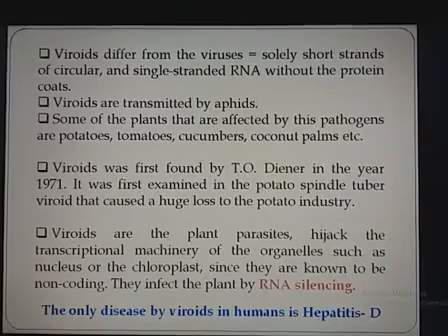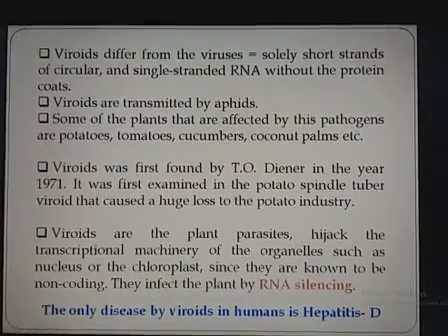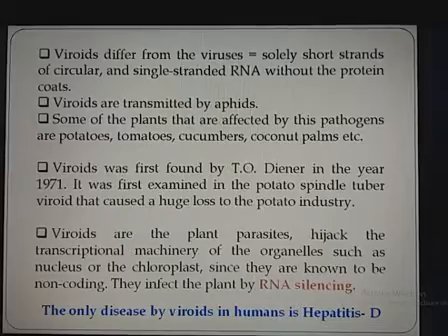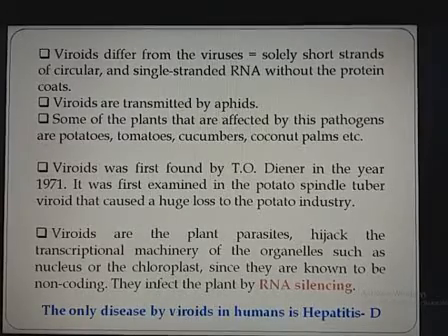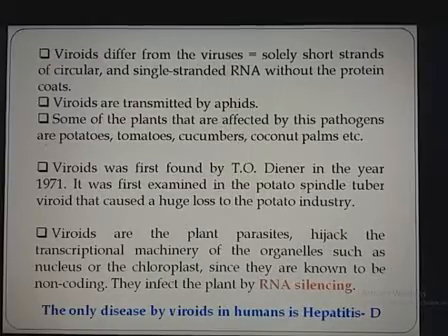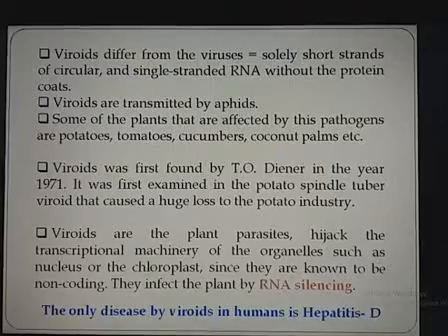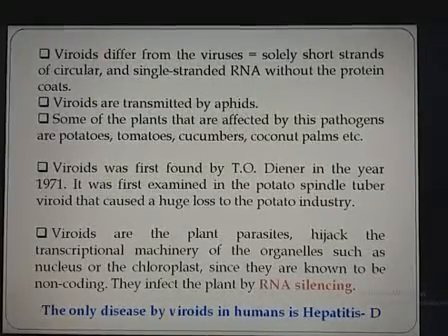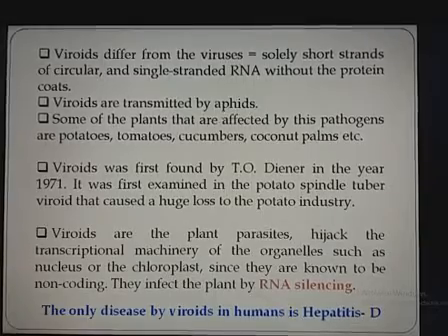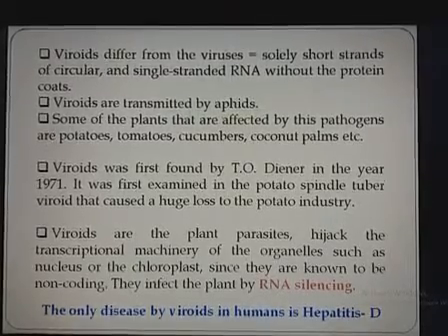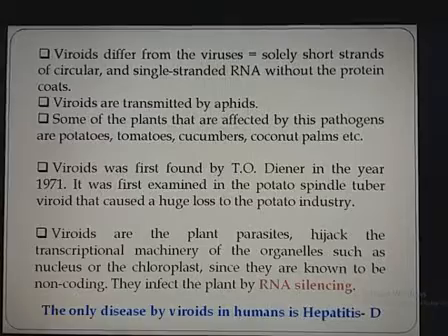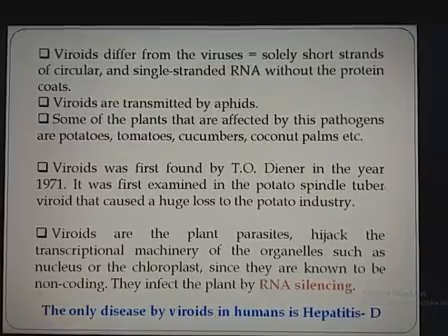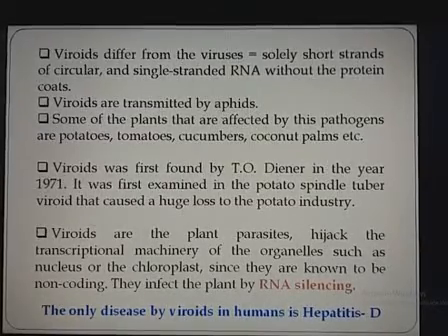So Diener in 1971 discovered and isolated viroids from a disease which caused the potato spindle tuber disease. That disease is very infectious for potato crops, and it caused huge losses to the potato industry.